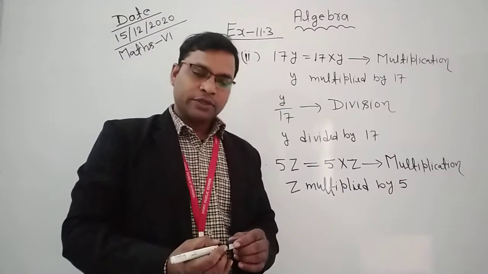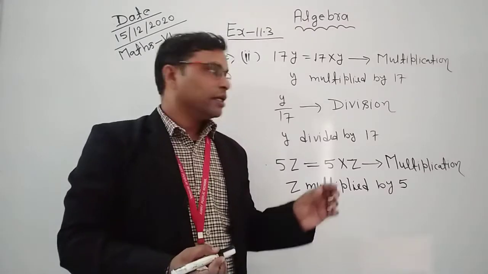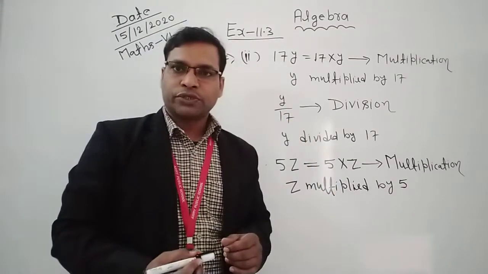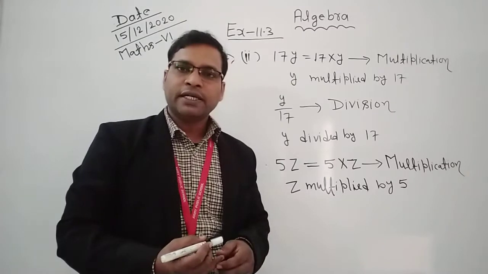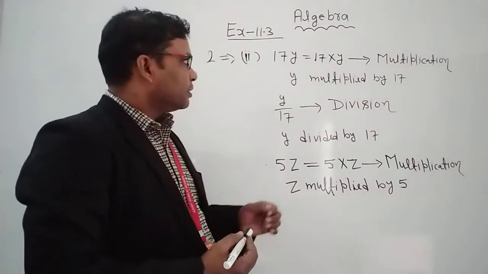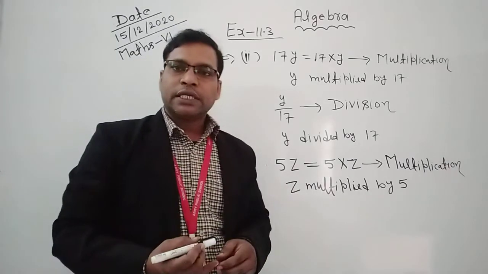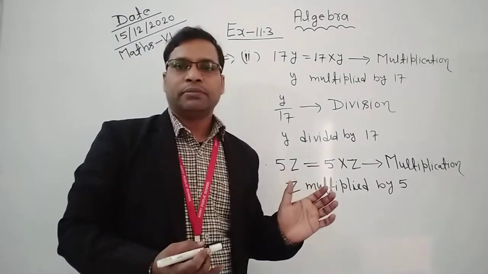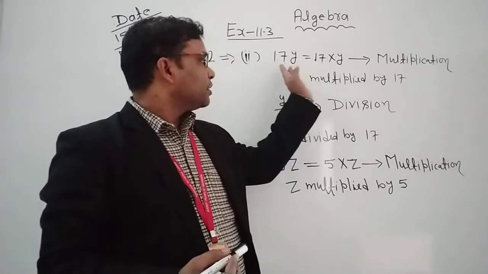Okay, so in this way we complete the second part of the second question. In this part we need to identify the operation and how the expression has been formed. Here you can see 17y.